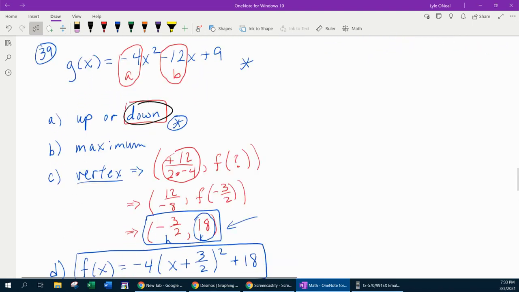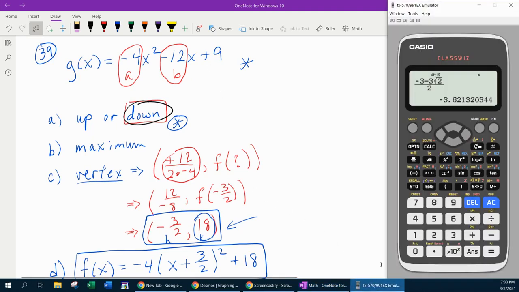So if your function is in standard form and you have the Casio ClassWiz, it will check this stuff for you. If we go to menu and down to the equation/function app, we have a polynomial function of degree 2.